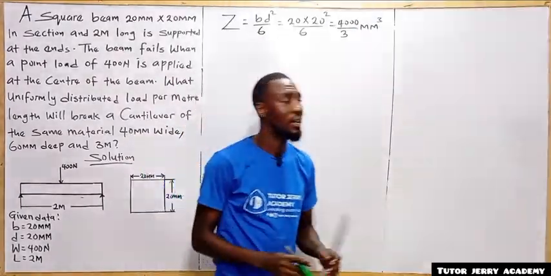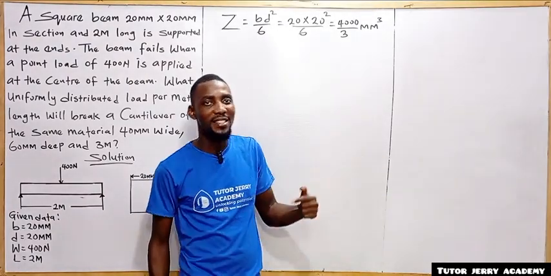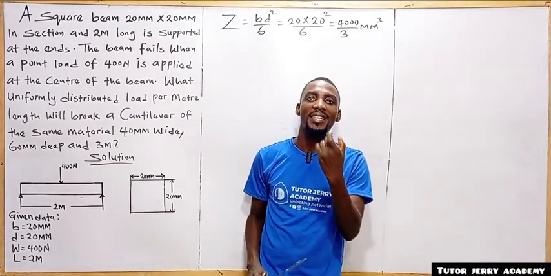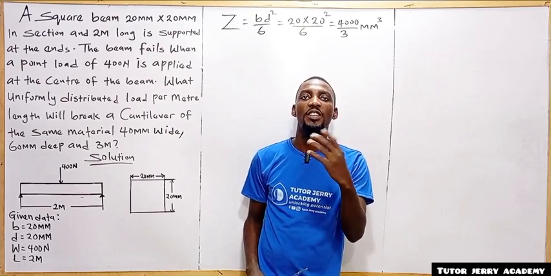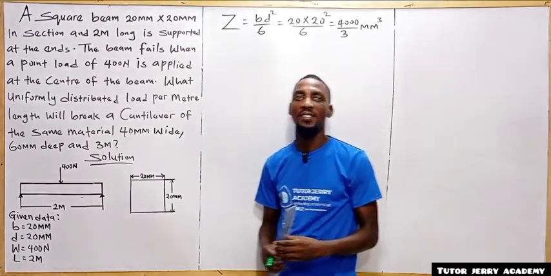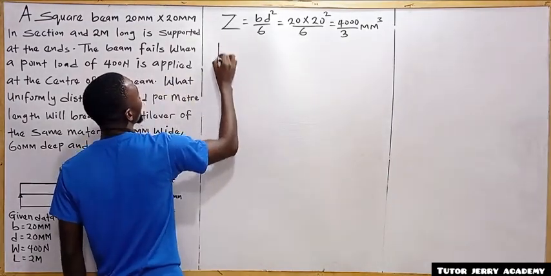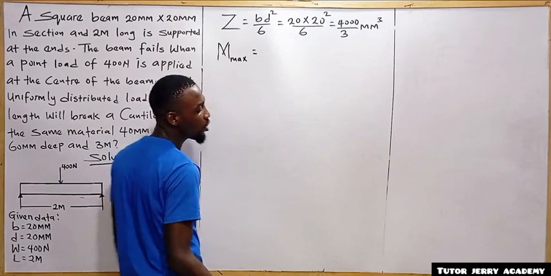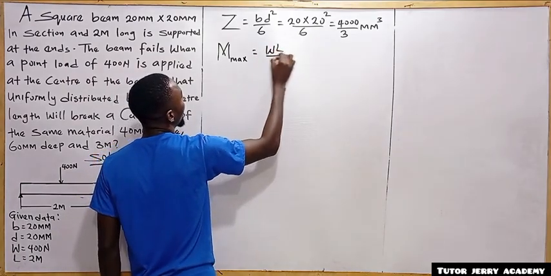Now that we know the section modulus, we can calculate the maximum bending moment of this simply supported beam that carries a point load. If you watch our video on the practical application of the flexural equation, I explained that the formula for the maximum bending moment for a simply supported beam carrying a point load is WL divided by 4.